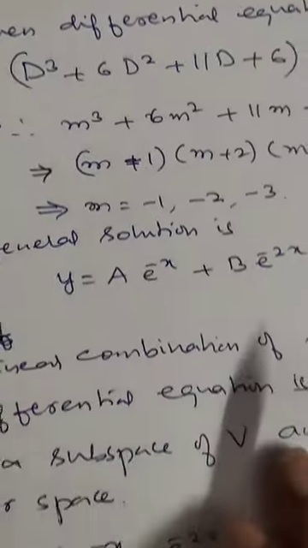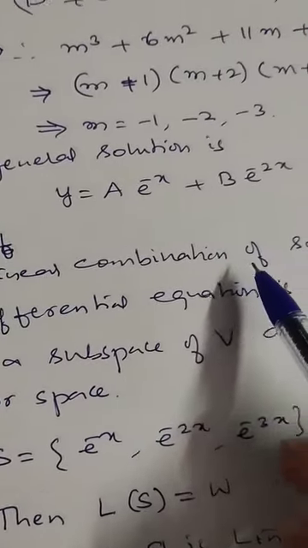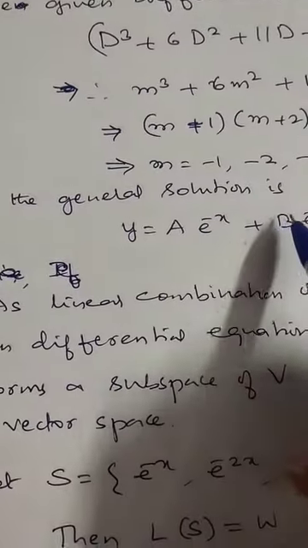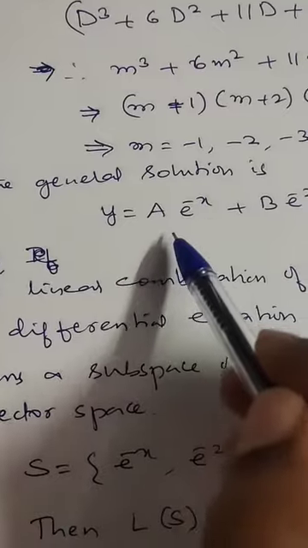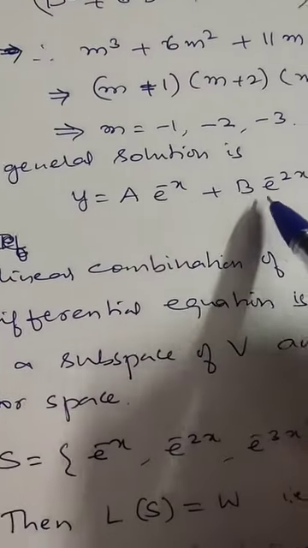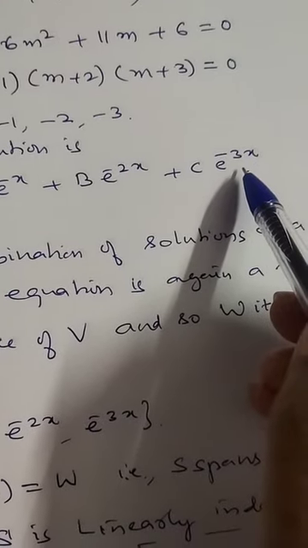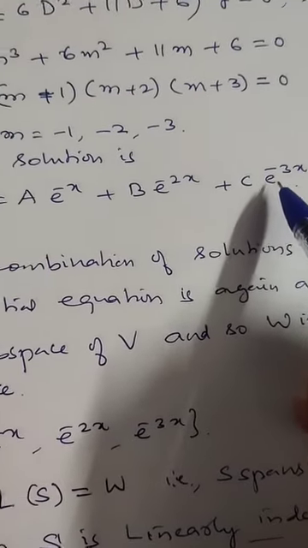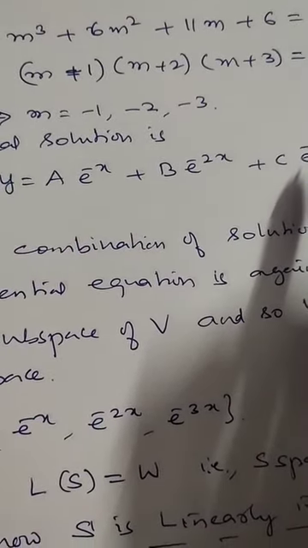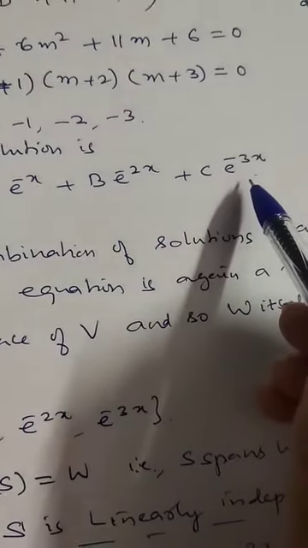Therefore the solutions are e power of minus x. Therefore the general solution, you know how to write this, y is equal to a into e power of minus x plus b into e power of minus 2x plus c into e power of minus 3x. Or in other words, the solutions are e power of minus x, e power of minus 2x, e power of minus 3x.